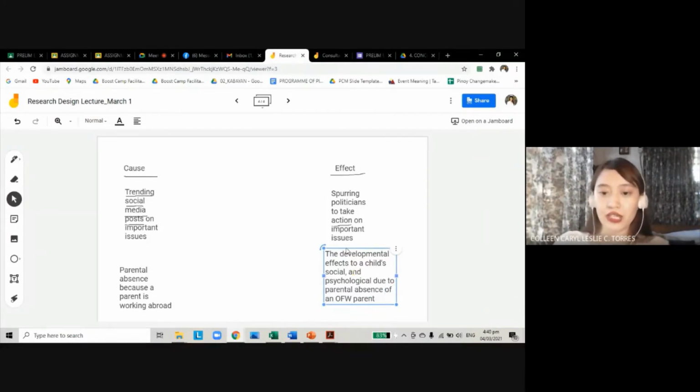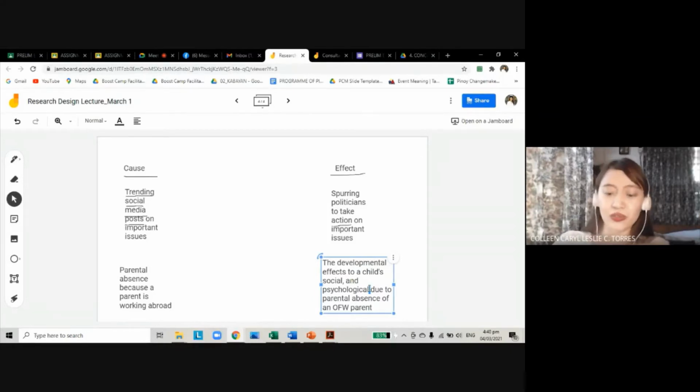Okay, so just to clarify now, the developmental effects to a child's social and psychological growth due to parental absence of an OFW parent.